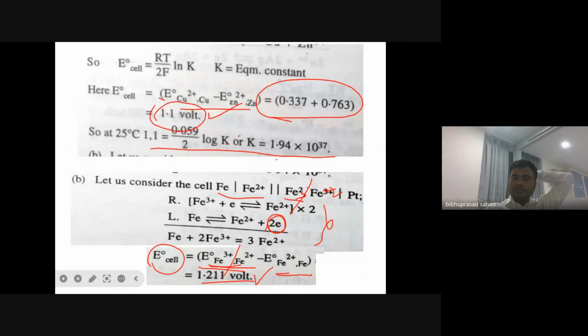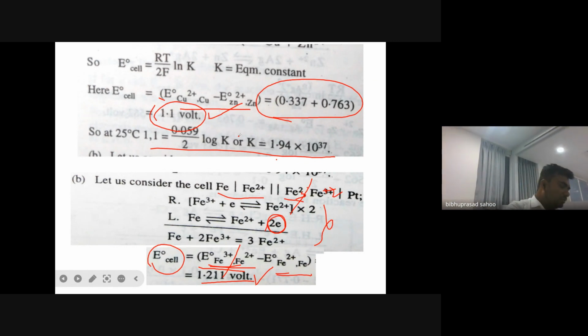No. Okay, so in this way you can calculate the equilibrium constant. pH also is there, but I am not getting a direct numerical in your book, though I have some numericals. Just a minute, let me check.